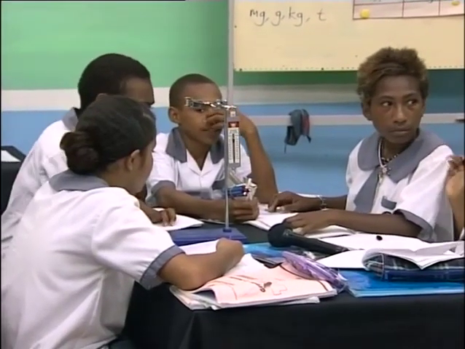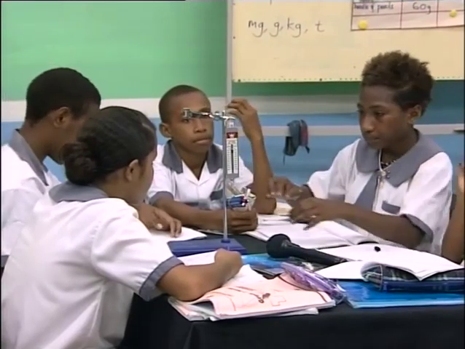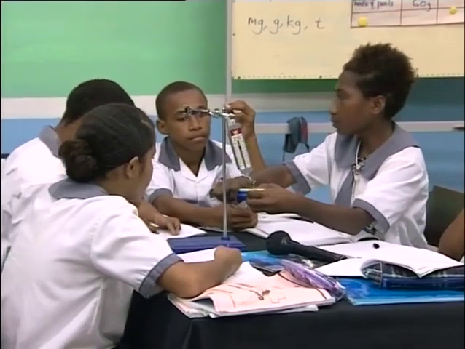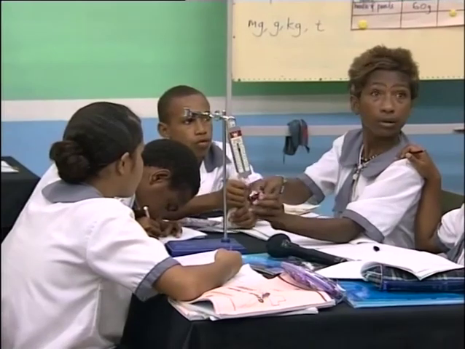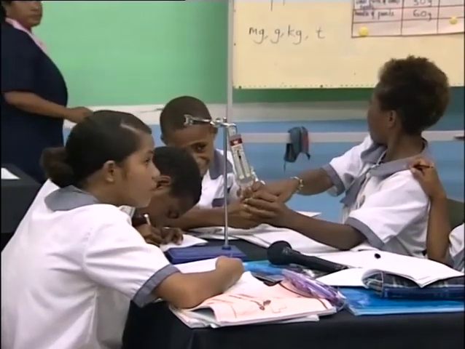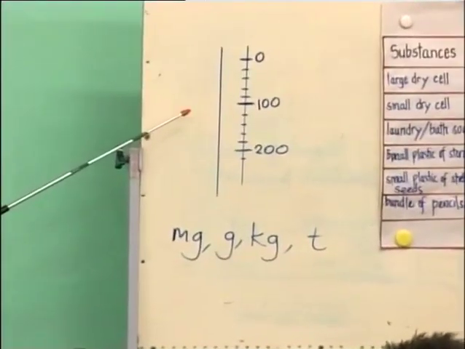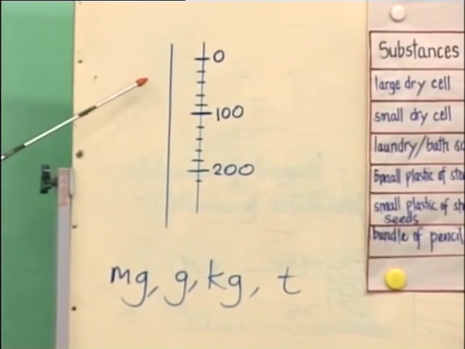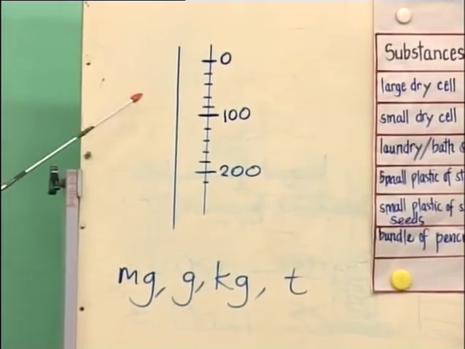Before you do that, I hope you have understood the scale division on the spring balance or spring scale. Here on the whiteboard, I have the diagram of the scale of the spring balance or spring scale.